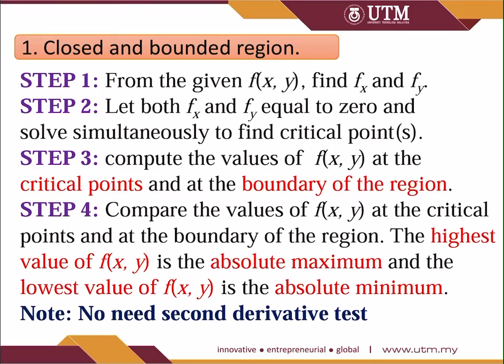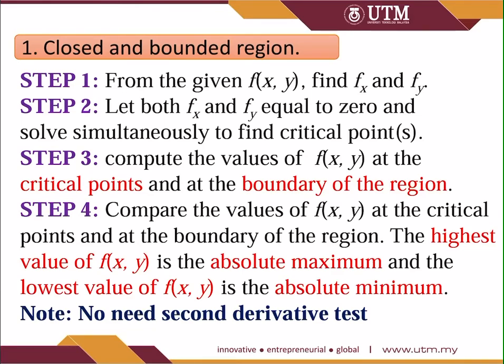Step 2, we let both fx and fy equal to 0 and solve simultaneously to find the critical points. Step 3, we compute the values of f(x,y) at the critical points that we already obtained in step 2, and at the boundary of the region. The boundary of the region will be given.